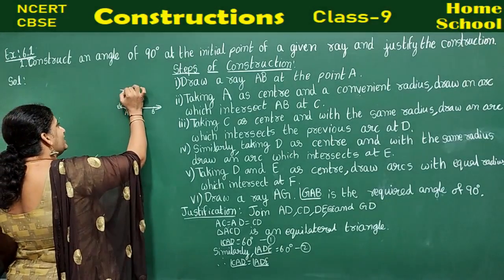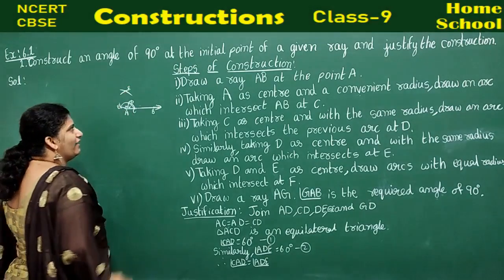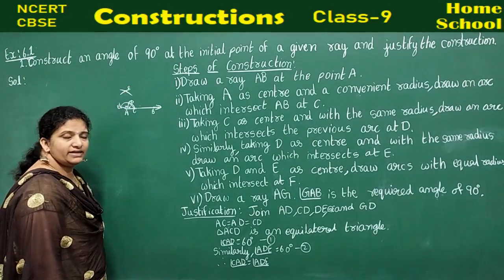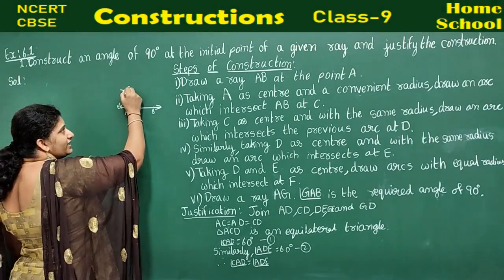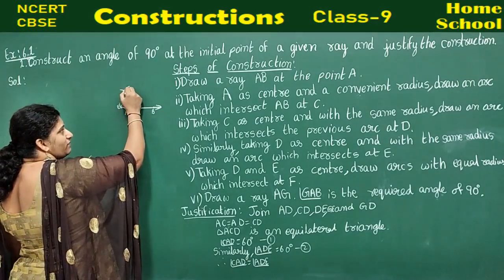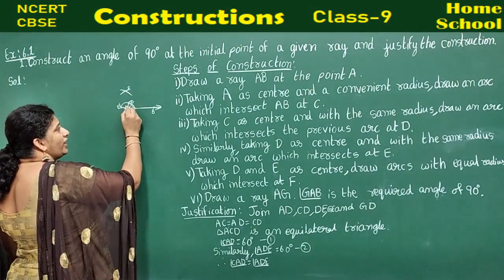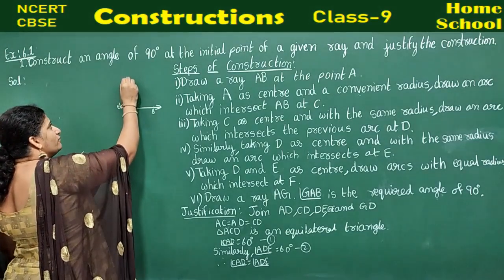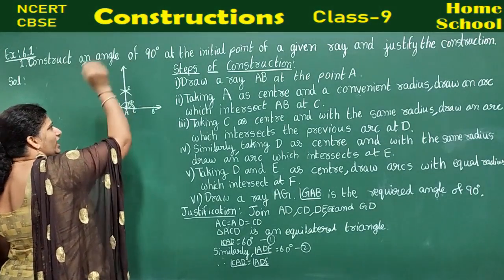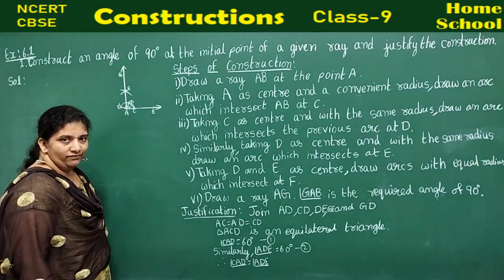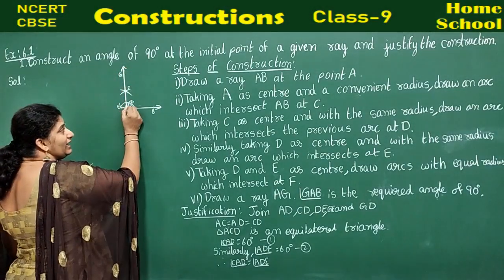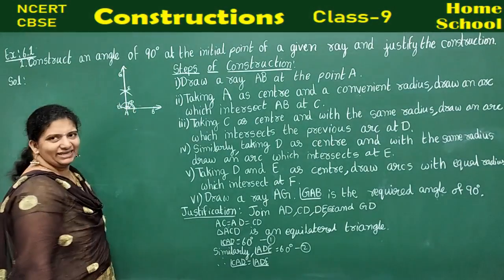Mark the intersecting point as F. Now from the intersecting point F, join to A and frame a ray, G. Now the angle created here is 90 degrees.